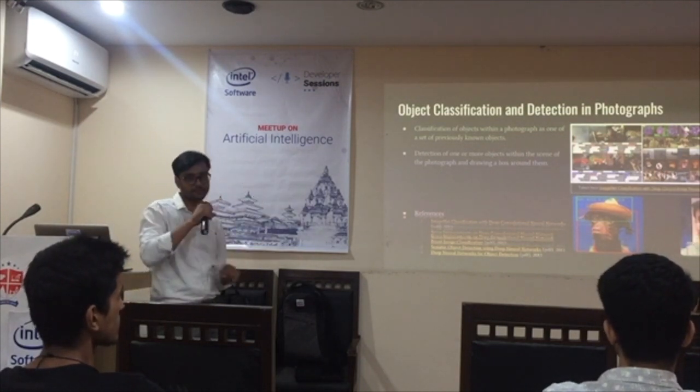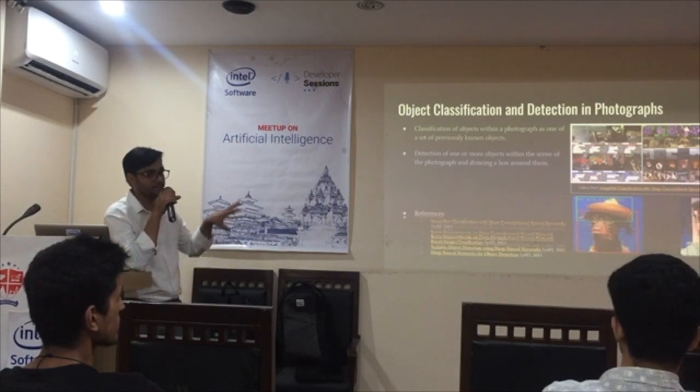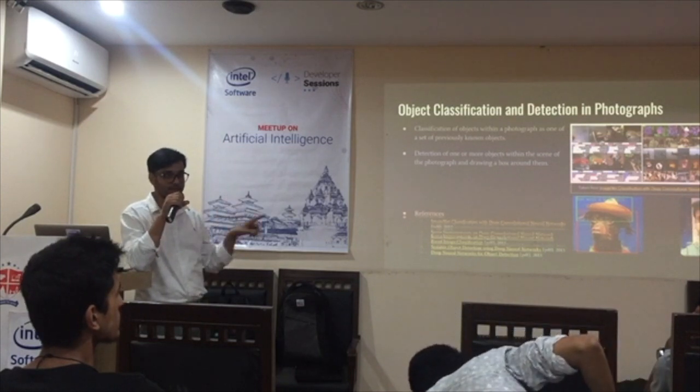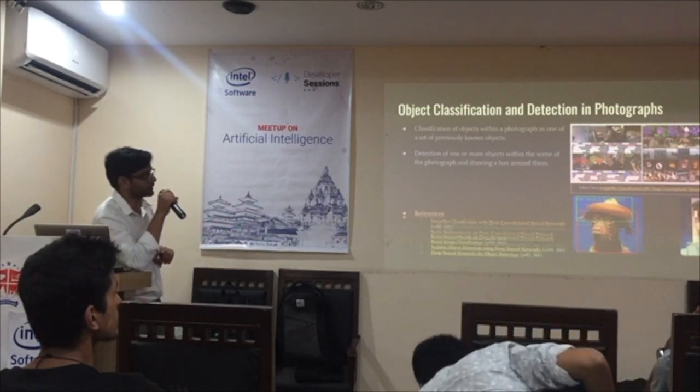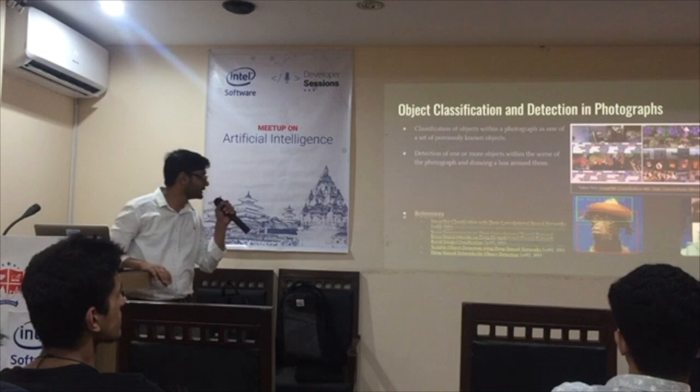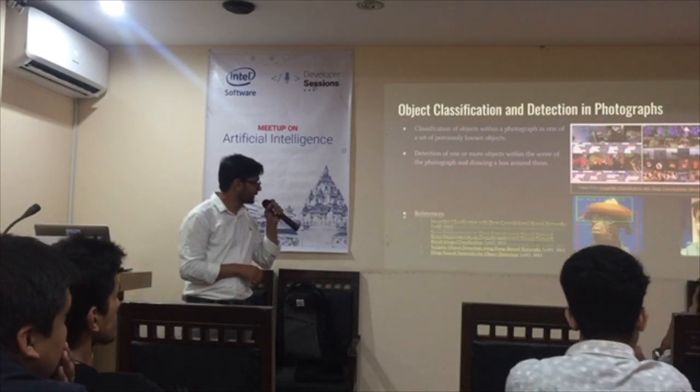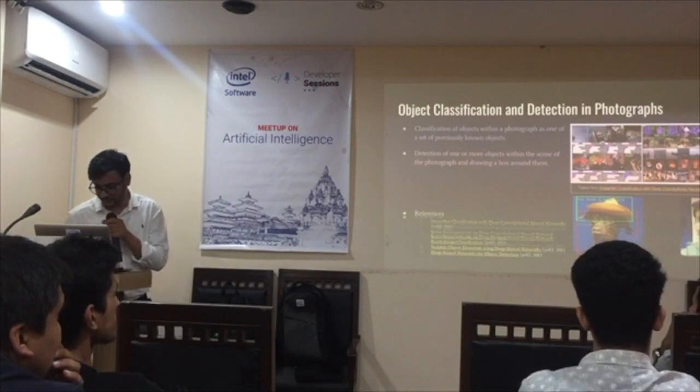Another is the detection problem, a very complex problem. Detection means detecting a particular object and localizing it, or finding a bounding box over it. We can see again the references are very recent. You can see 2012, 13, 14 references there.